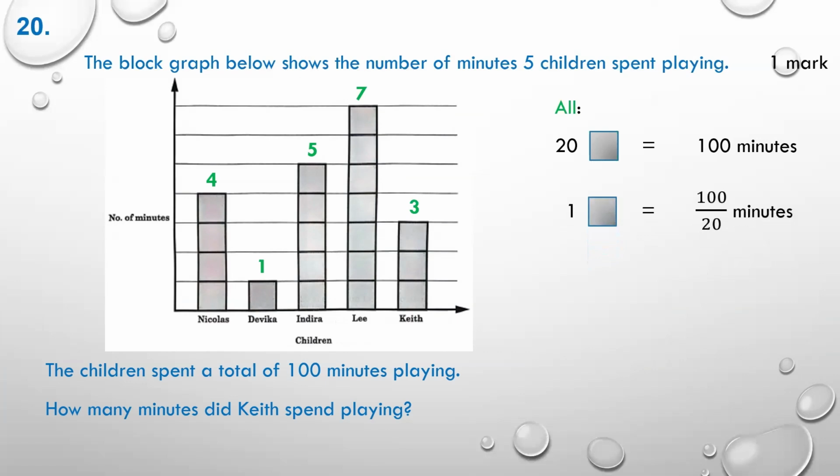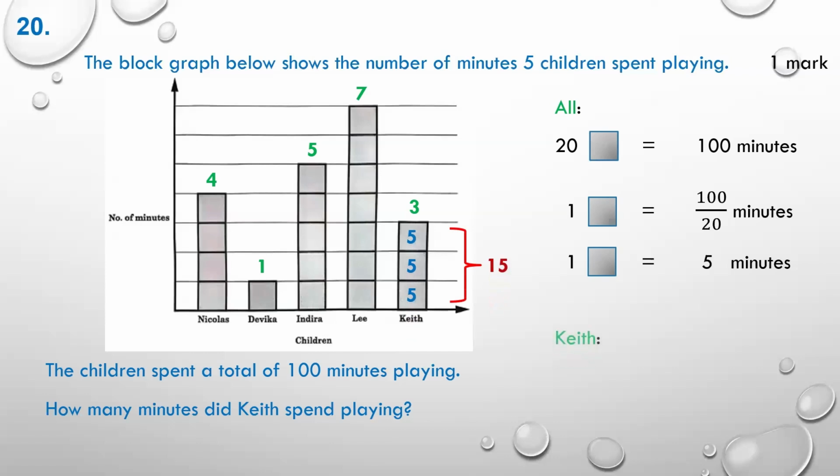If we think of money, how many $20 bills are there to make 100? Well, it'll be 5. So 1 block represents 5 minutes of playing time. So Keith had 5 minutes for the first block, 5 minutes for the second block, and 5 minutes for the third block. As such, Keith had a total of 5 threes are 15 minutes of playing time.